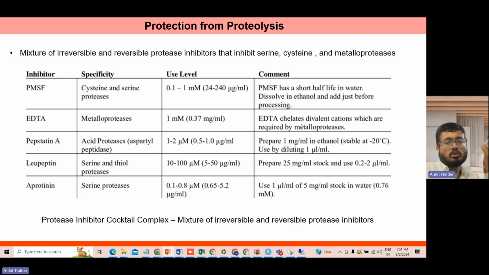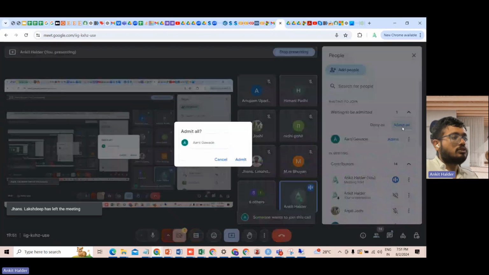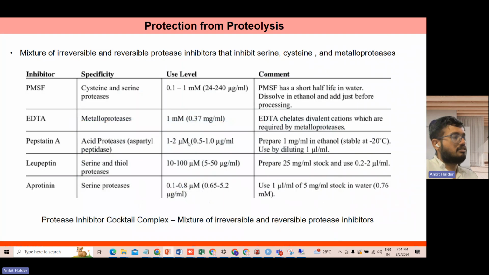Metalloproteases generally work like this: you have MMP9. If you search for MMP9, you will see that it binds with zinc and those kinds of metals, divalent cations, to further work.